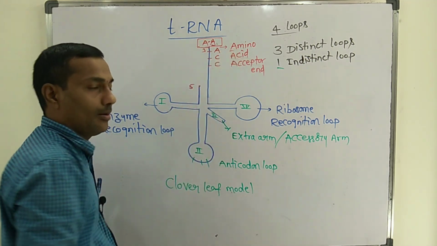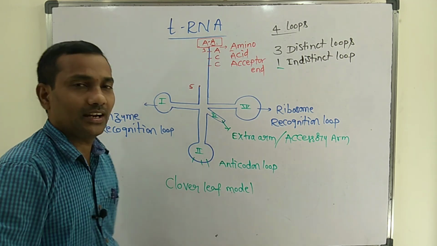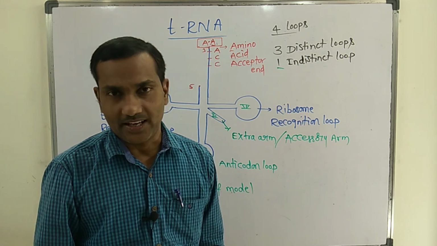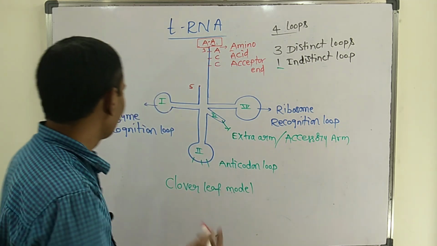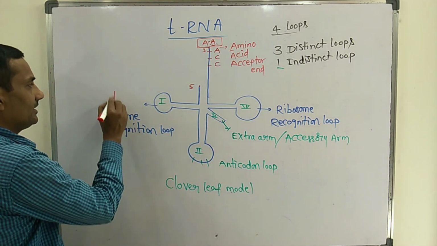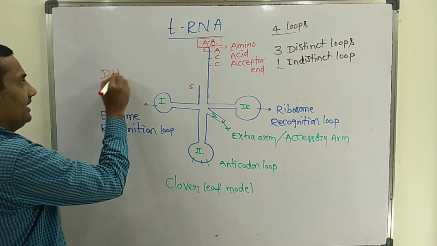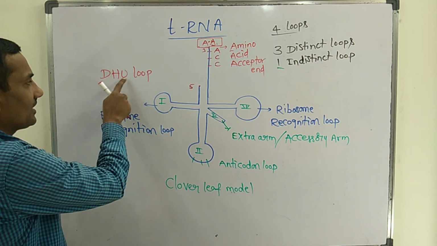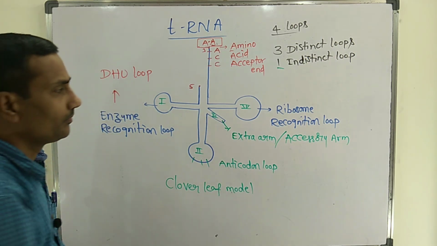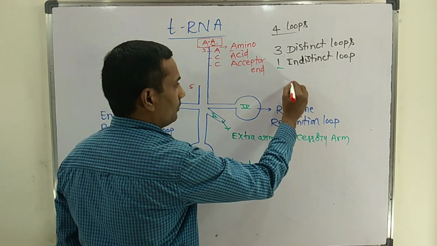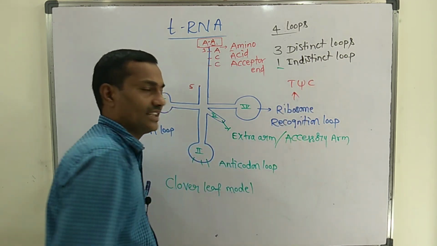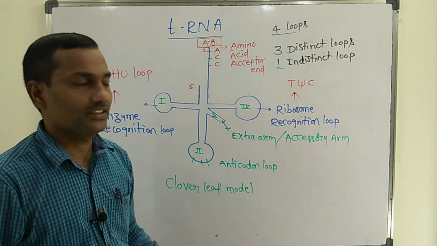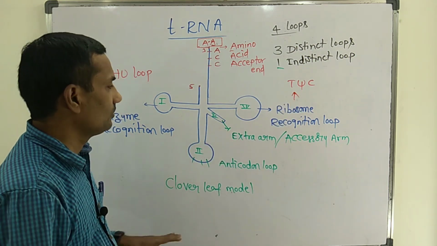It is also called the amino acid binding site; you can use either name. The enzyme recognition loop is also called the DHU loop, dihydrouridine loop. The ribosome recognition loop is also called the TψC loop.